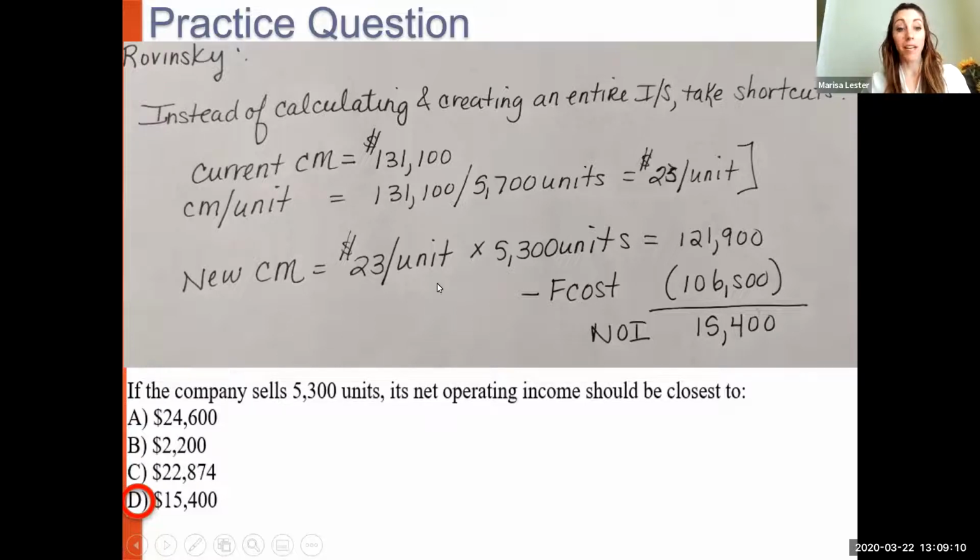So if I'm making $23 per unit left over after all of my variable costs, and I am selling 5,300 units, that means I will have $121,900 left over after I take out variable expenses. And then I try to cover my fixed costs. So I take fixed costs out, $106,500, and I get net operating income of $15,400.